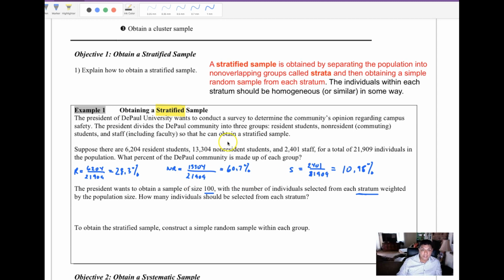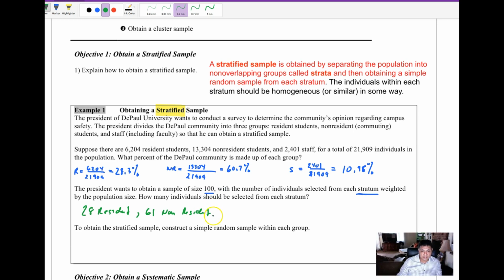So in this case, out of the 100, we would want approximately 28 residents. We would want 61 non-residents. I'm just taking the percent of 100 here.